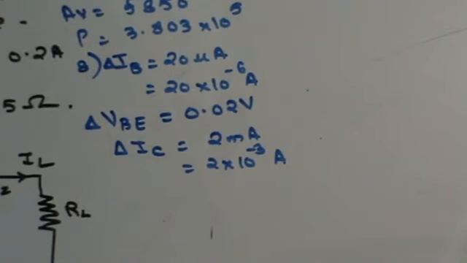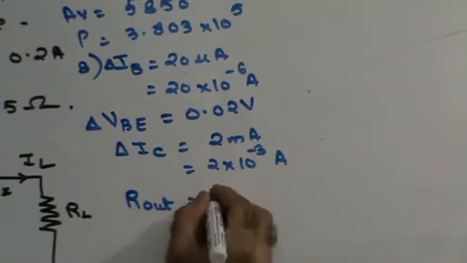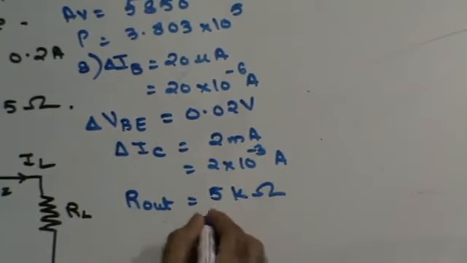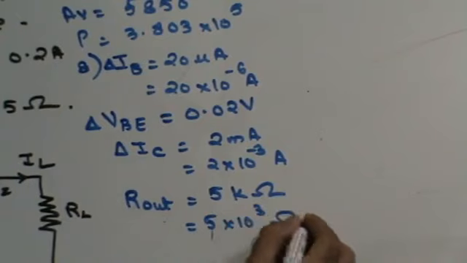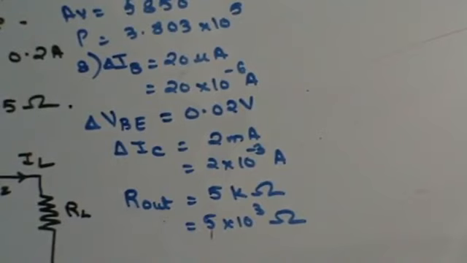Find the input resistance and beta AC if the load resistance is 5 kilo ohms. Find the voltage gain and the power gain.